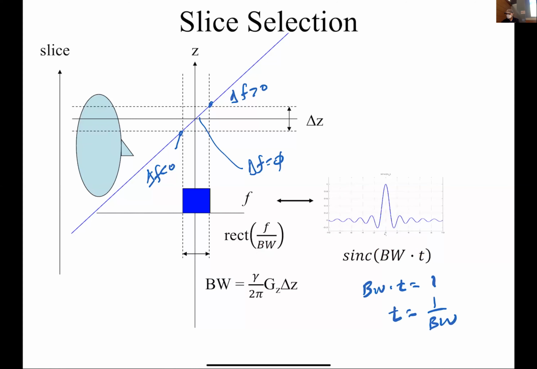So let's call the first 0 big T. All right. So that's pretty cool. That means if I apply a sinc pulse in the presence of a gradient, I will only excite the spins in a certain band. And this is the basis of slice selection. And so if you look under the hood of any MRI pulse sequence, you'll see the term sinc a lot. There's sinc pulses everywhere.